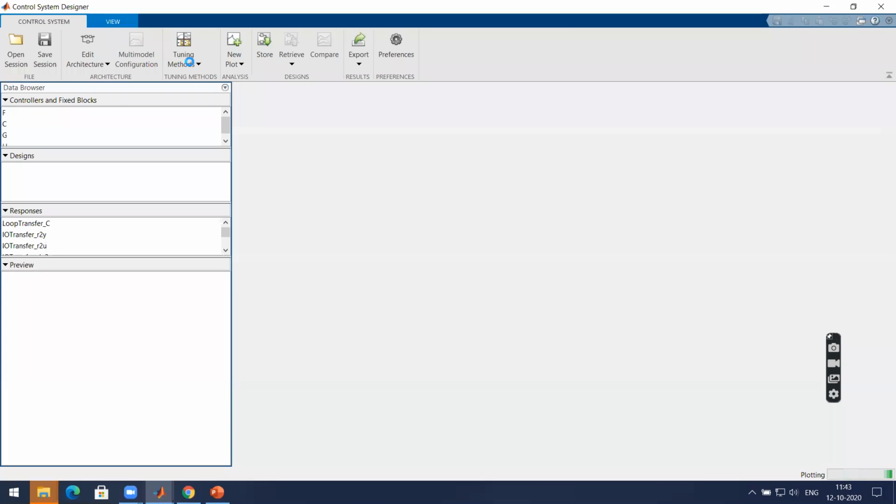In such cases, the state space model is preferred compared to the transfer function model. It's taking a lot of time to open.